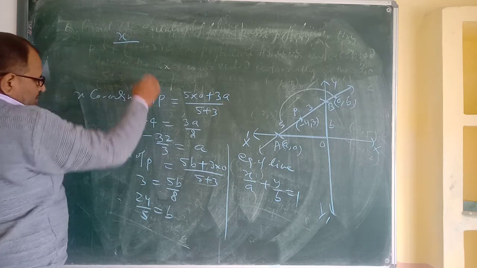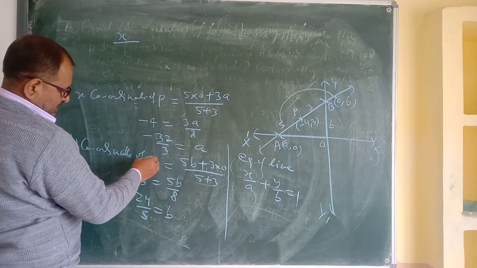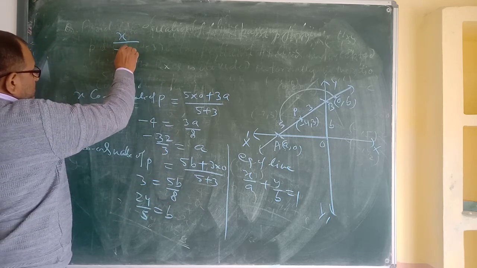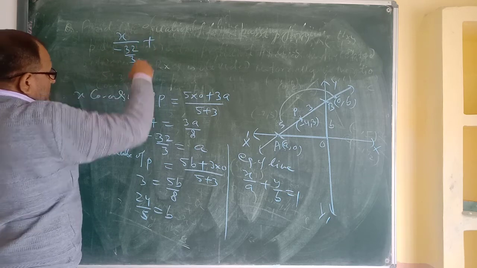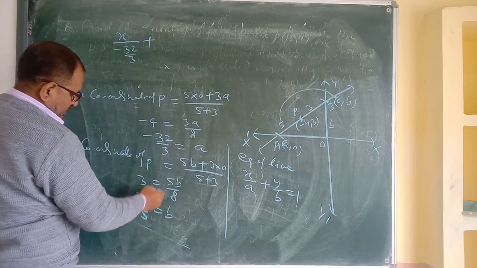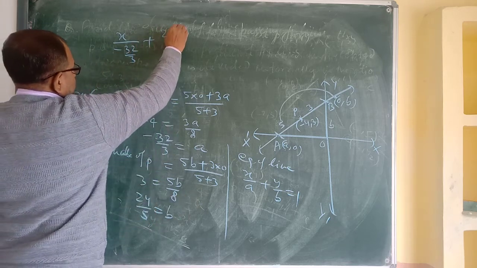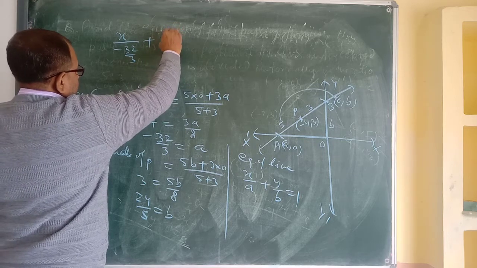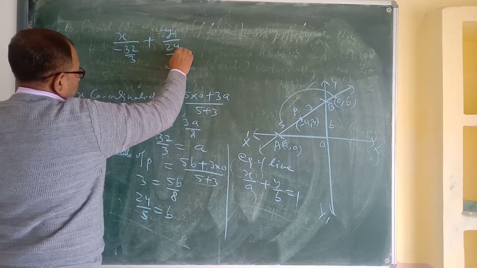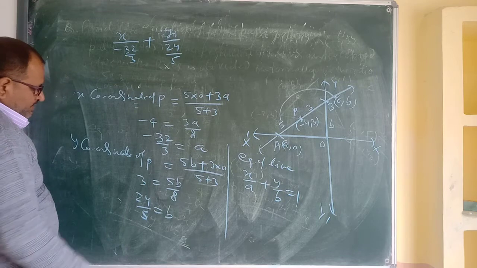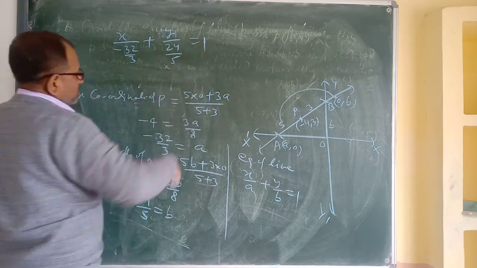So x upon minus 32 upon 3 plus y upon 24 upon 5 is equal to 1.